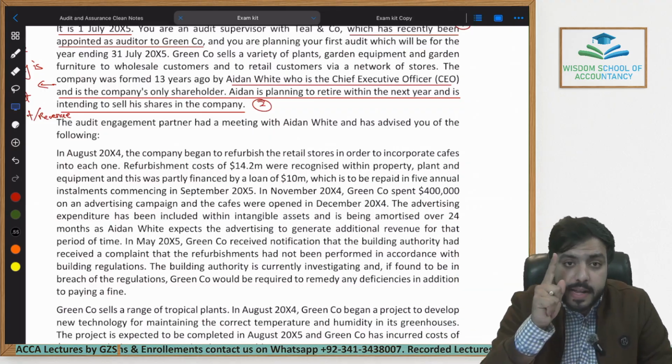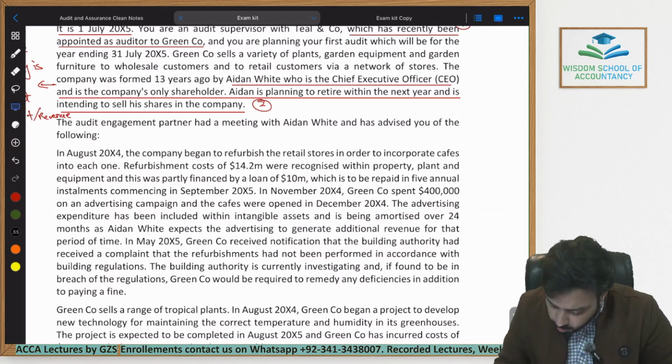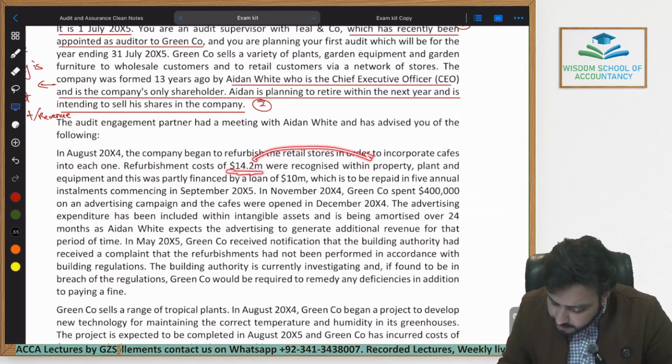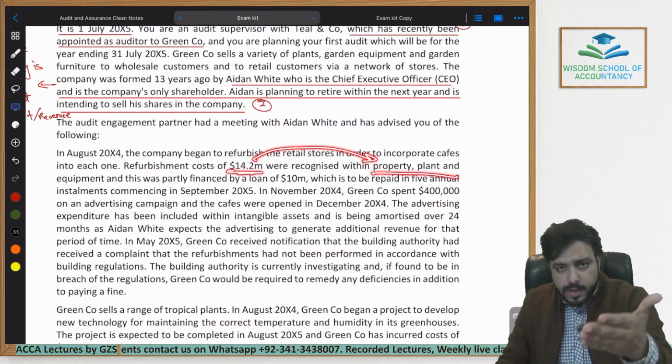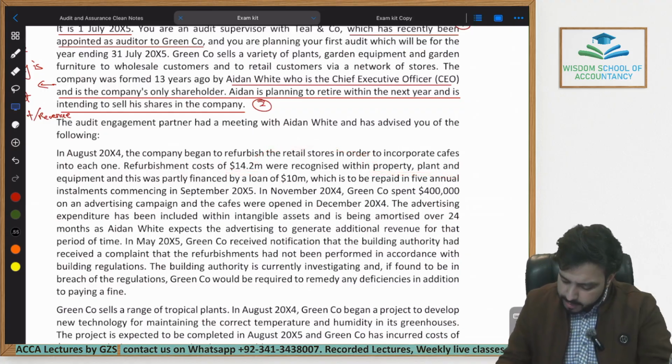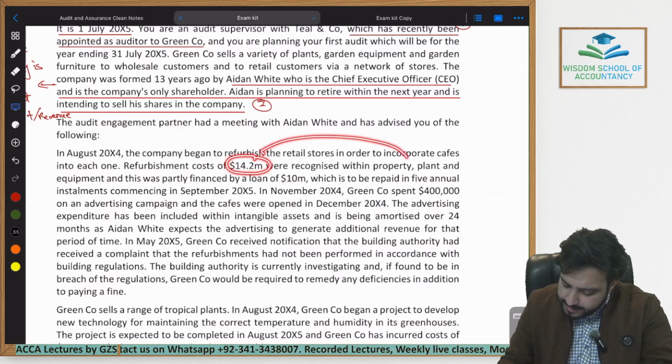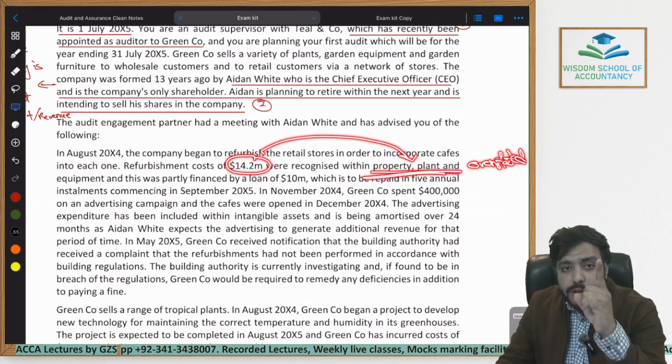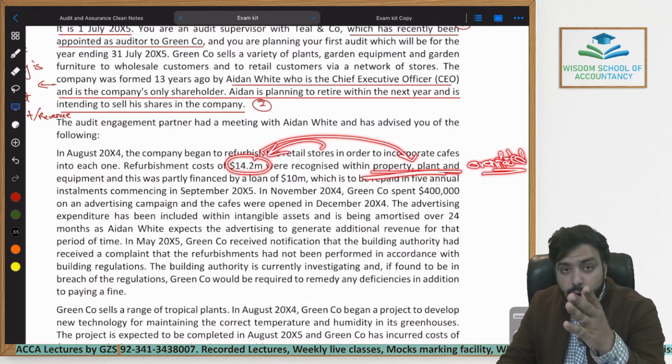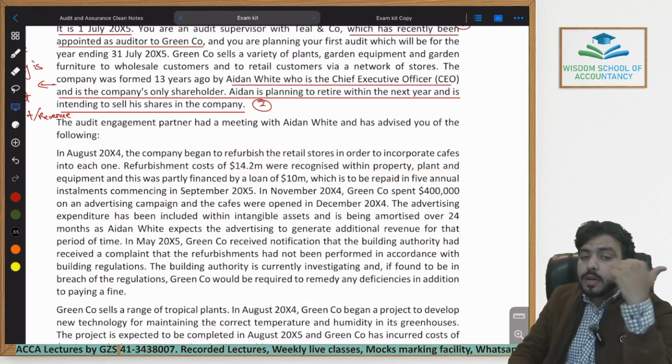So this is risk number 3 here. If any of it is revenue expense that should have been expensed out within profit and loss, then right now management has capitalized it. Property, plant and equipment is overstated, whereas some of the cost should have been recorded as revenue expense.